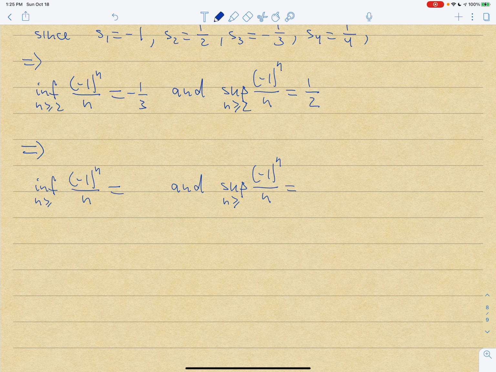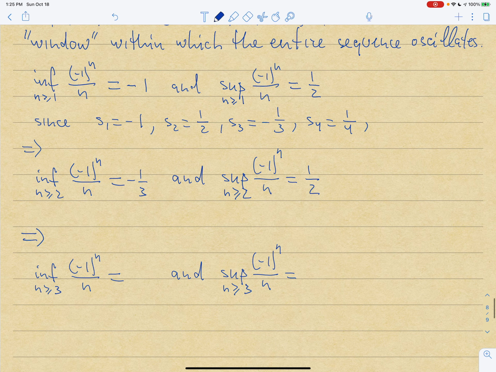If we take infimum starting from 3 and supremum starting from the same point, again, if I go to these elements that I listed here, if I start from the third element and I ignore the first two, then the smallest value is going to be, of course, -1/3, and the largest value is 1/4.